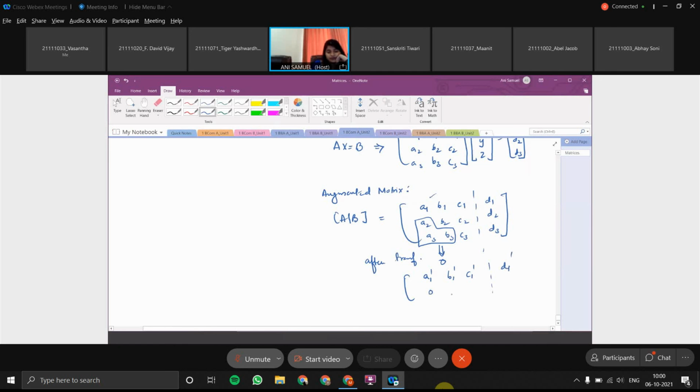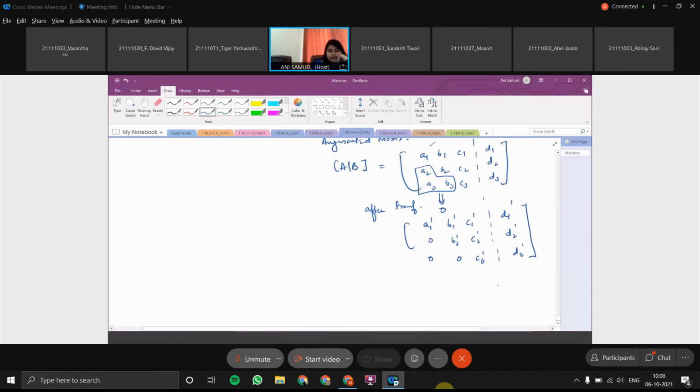I'm repeating for everyone who has a problem going through the sequence, right? Once you have done with that, you rewrite back the equation, which is A1 dash X plus B1 dash Y plus C1 dash Z is equal to D1 dash, which is usually the same one only.